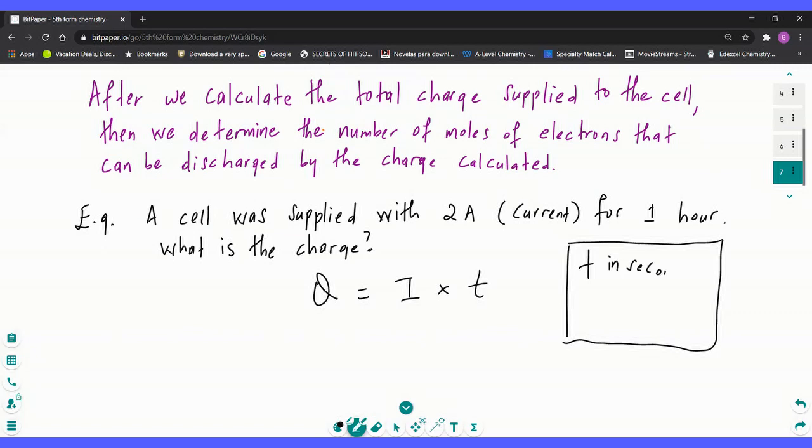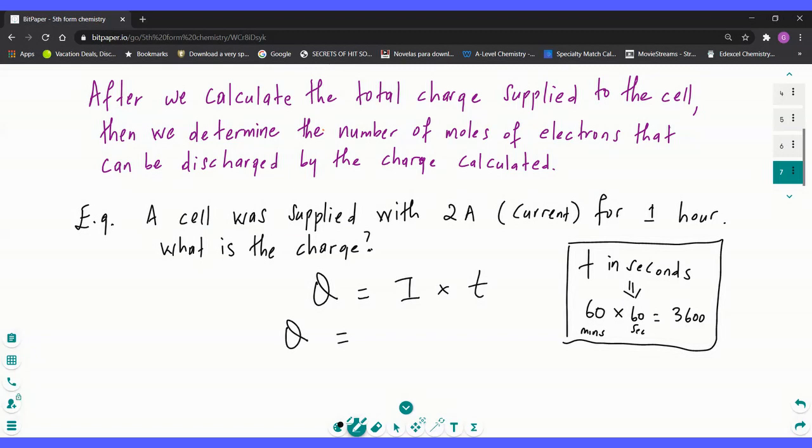How many minutes are in an hour? 60 minutes. And how many seconds are in a minute? 60. So we multiply 60 minutes times 60, and the total number of seconds is 3,600.